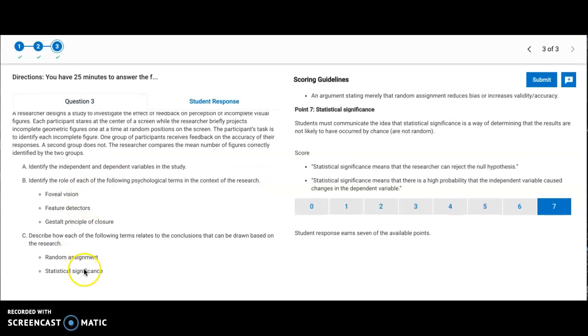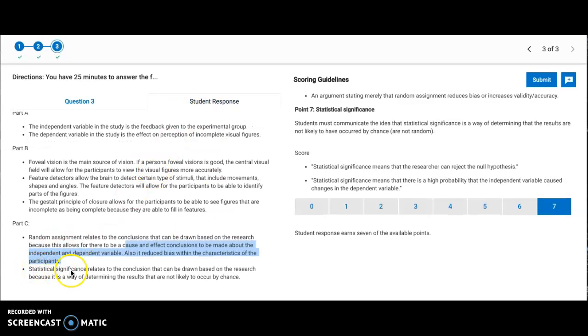Okay, last part is about statistical significance, how that relates to the conclusions that can be drawn based on the research. Statistical significance relates to the conclusions that can be drawn based on the research because it is a way of determining the results that are not likely to occur by chance.